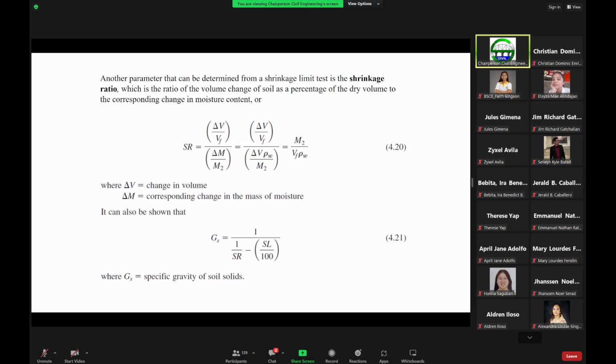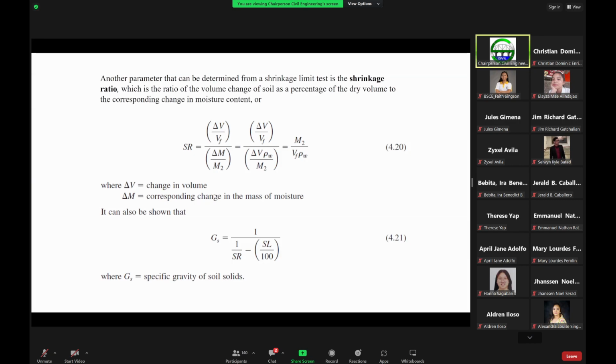In formula, the shrinkage ratio is the ratio of the volume change as a percentage of the dry volume, the final volume, to the corresponding change in moisture content. Delta V here is defined as the change in volume, and delta M is the corresponding change in the mass of moisture.